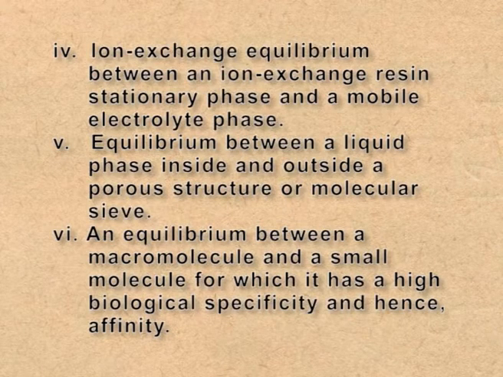Ion exchange equilibrium between an ion exchange resin stationary phase and a mobile electrolyte phase. 5. Equilibrium between a liquid phase inside and outside a porous structure or molecular sieve. 6. An equilibrium between a macromolecule and a small molecule for which it has a high biological specificity and hence affinity.